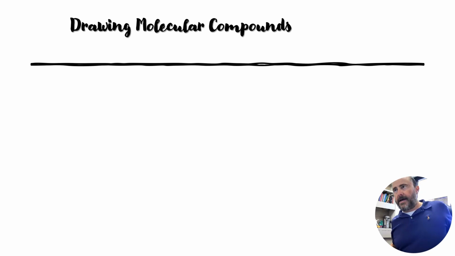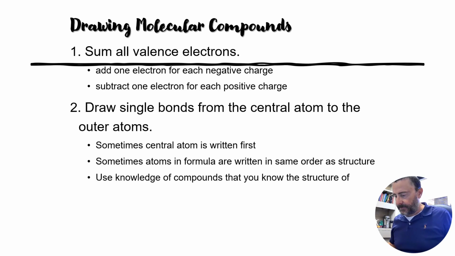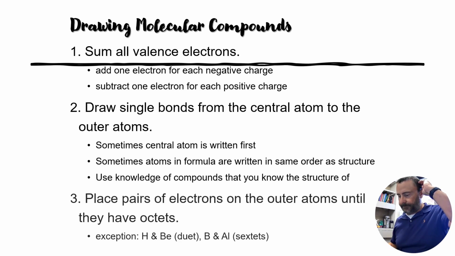All right, so now let's start drawing some molecular compounds. Okay, so first off, in order to do this, we have to be able to add up the valence electrons. Remember, we are going to use the group numbers in order to do that.